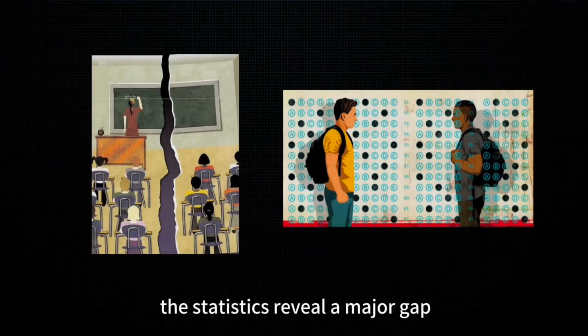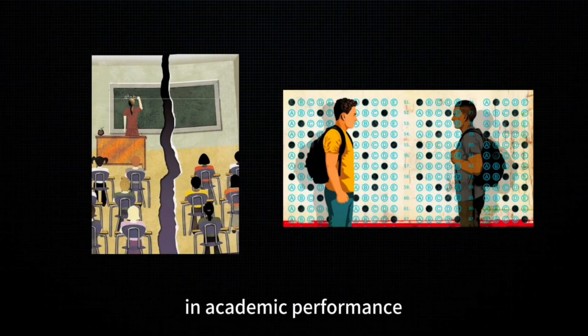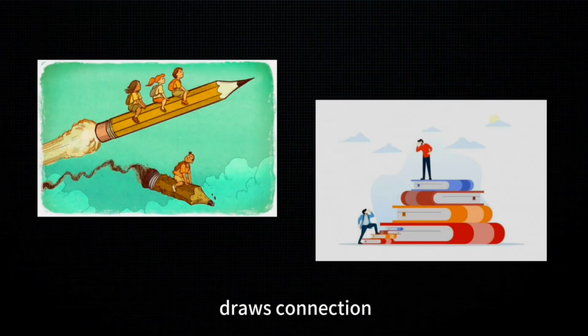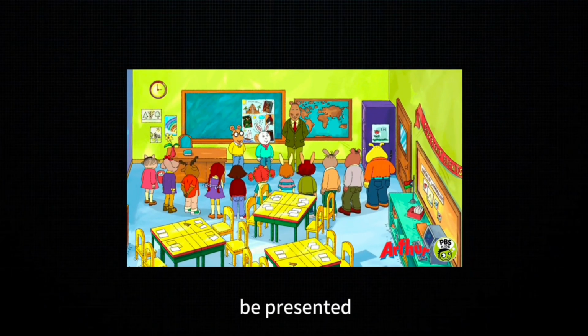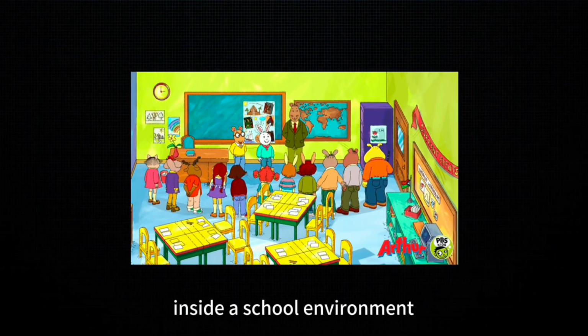The statistics reveal a major gap in academic performance among racial groups, which often draws connection to unequal access to educational resources. This racial disparity can also be presented inside a school environment.